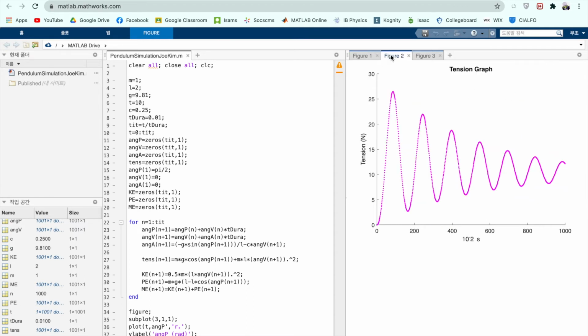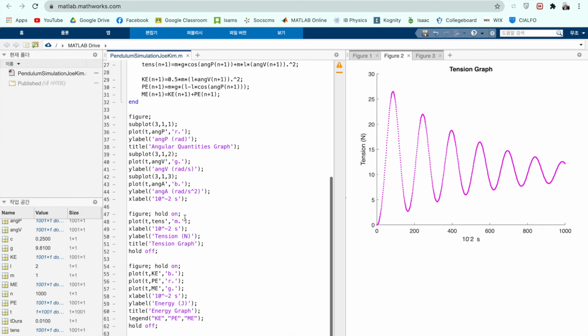And also have that for tension. So this is how tension changes along time, the iteration. Keep in mind that I had 1,000 iterations because I have 10 seconds and 0.01 per iteration, and so I would have to multiply 0.01, just 10 to the power of minus 2.